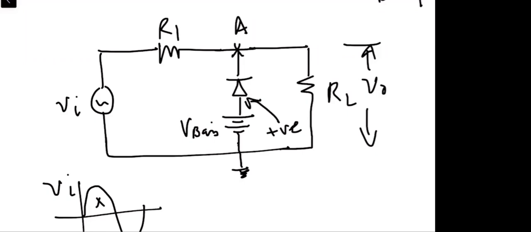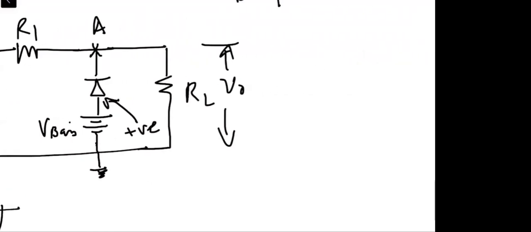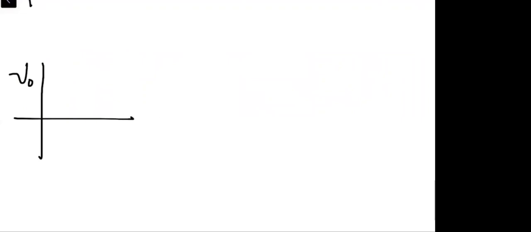This means that the output here, because once the diode is short circuited, the circuit will look like this.